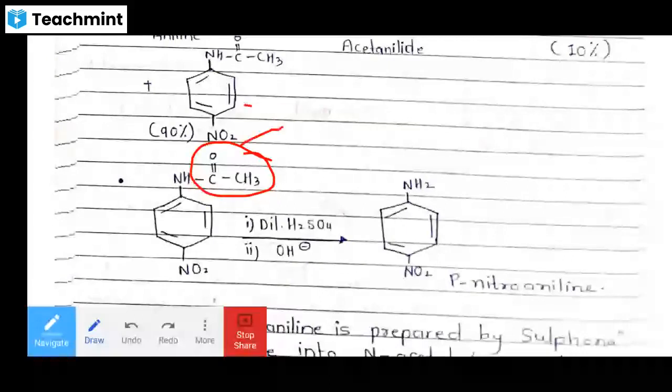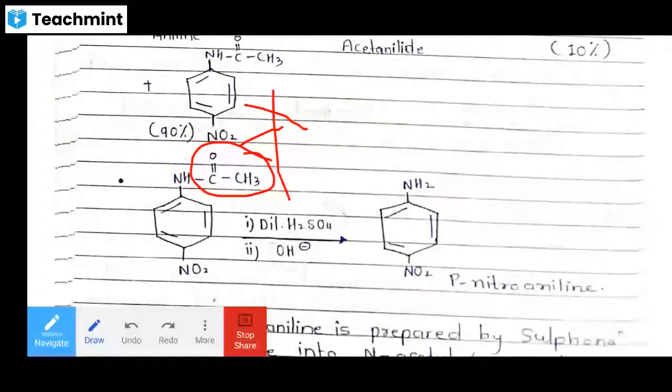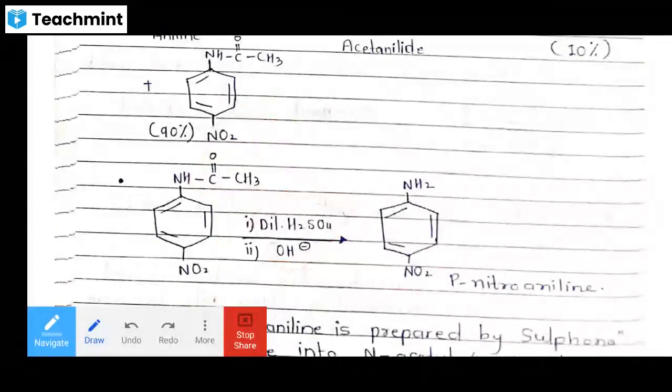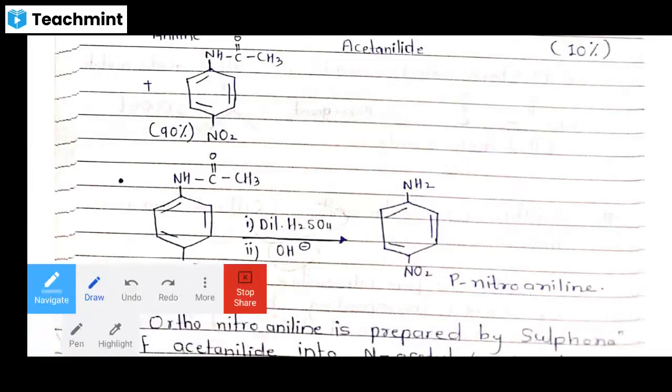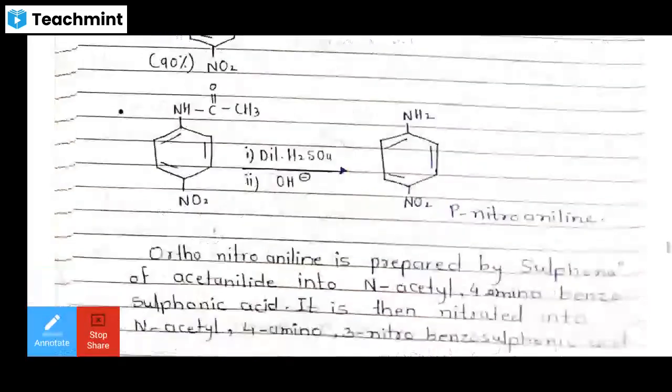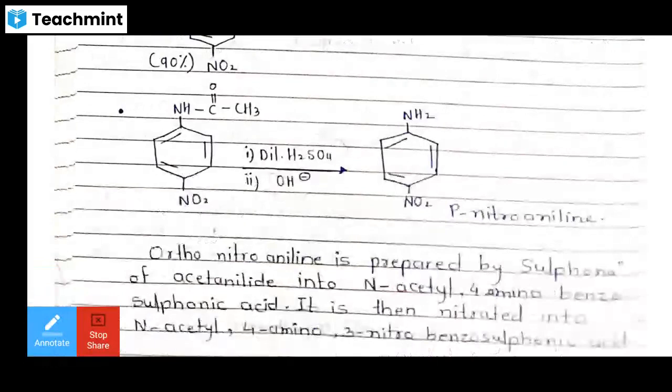For that purpose, to remove this group, we use dilute H2SO4 along with OH minus. So dilute H2SO4 acts as the deprotecting agent, and deprotecting means it removes that particular moiety from the NH, and we will get aniline as the product. So para nitroaniline is the product. So protection and deprotection is also one of the important synthetic steps performed.